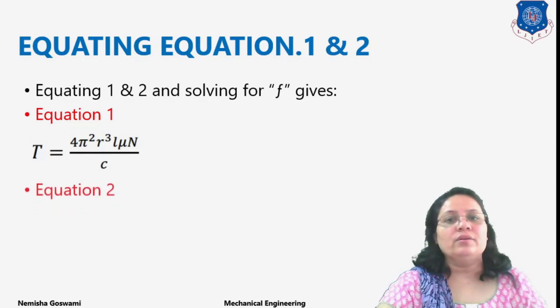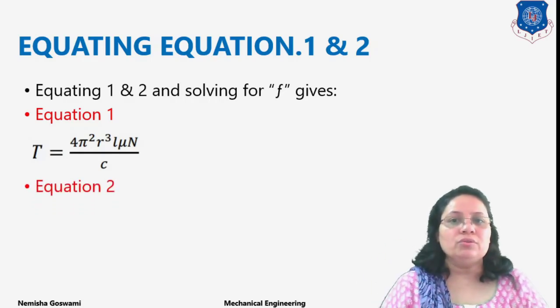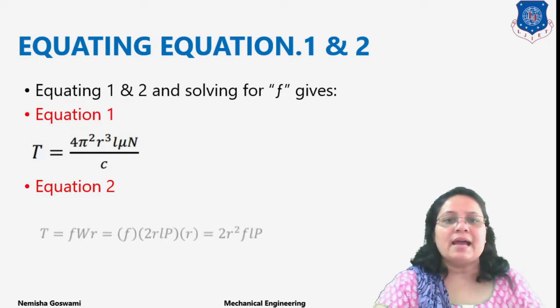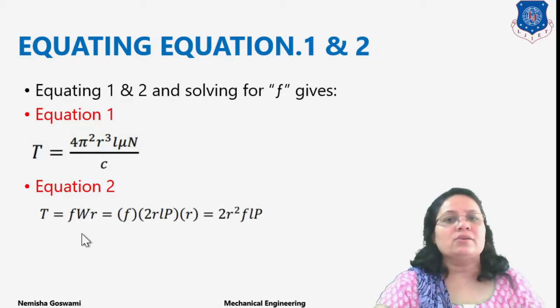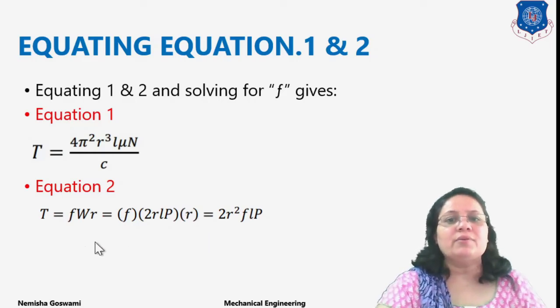Next is your torque obtained due to frictional forces, right? So what was that? Torque is equal to FWR, and when we put the value of W, we get 2R square FLP.